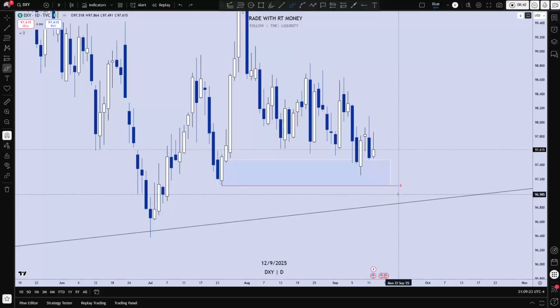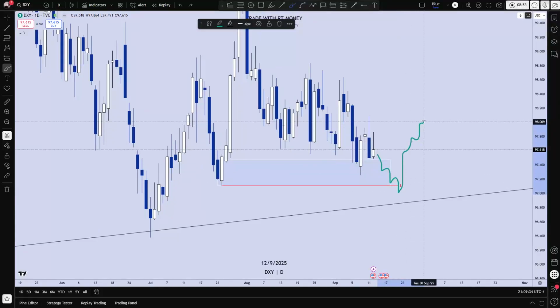It can happen a bunch of different ways, but in order for price to come down here, it's not going to take that much. I think we might see this happen Monday. We might see the manipulation Tuesday going into Wednesday, and then we see the move back down, maybe into a fair value gap, because I'm not expecting a big wide move.